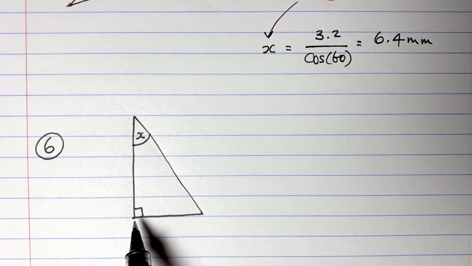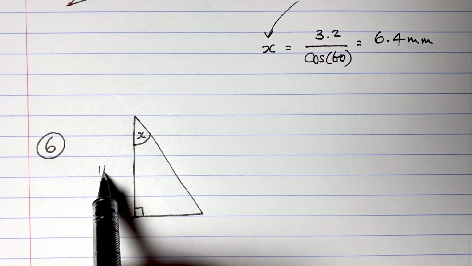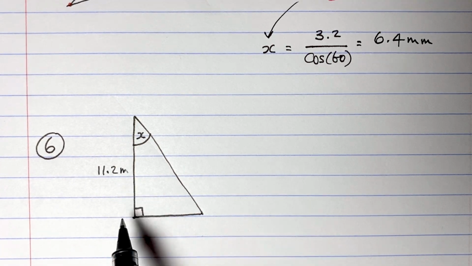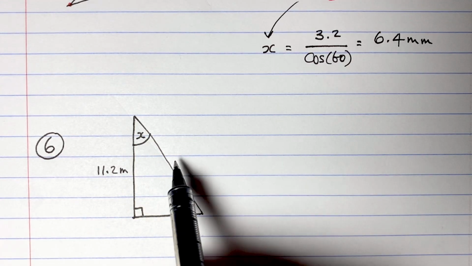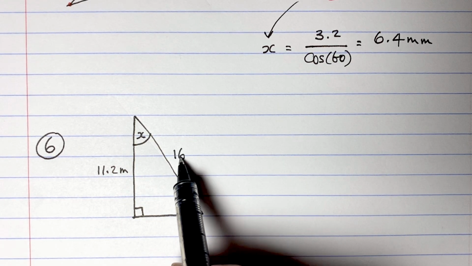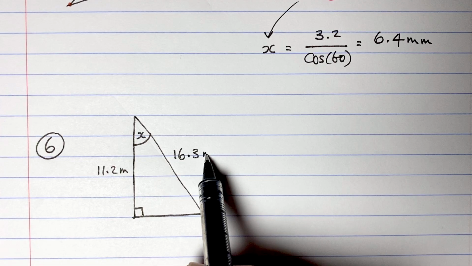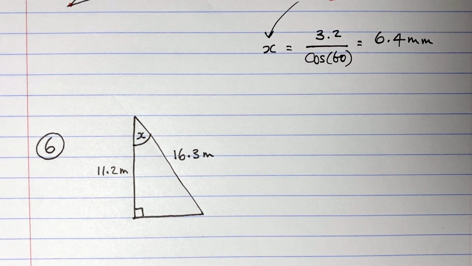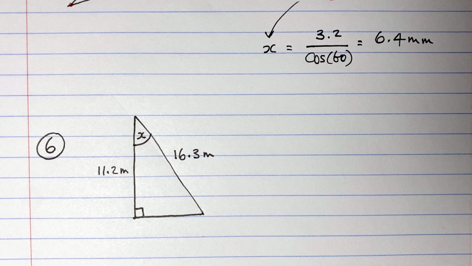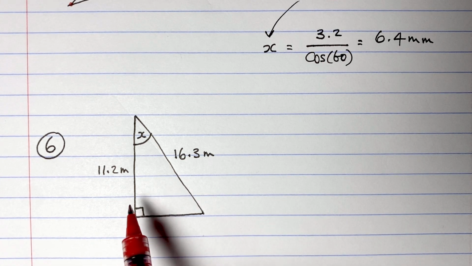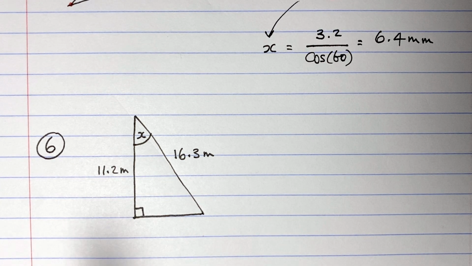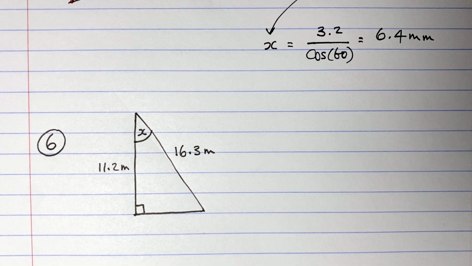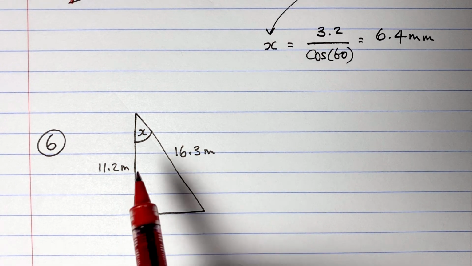I give you the adjacent, say 11.2 meters, and here is going to be say 16.3 meters. And I'm asked to find this angle. You don't need to design your own question. All you have to do, label the given question and find the answer.